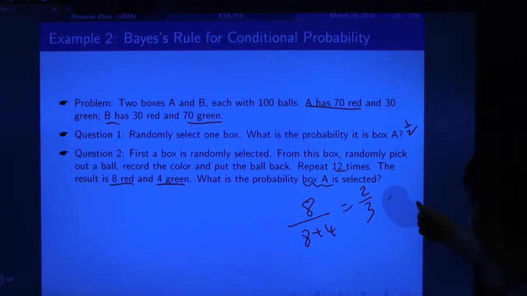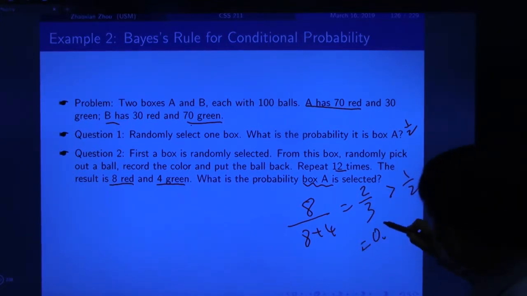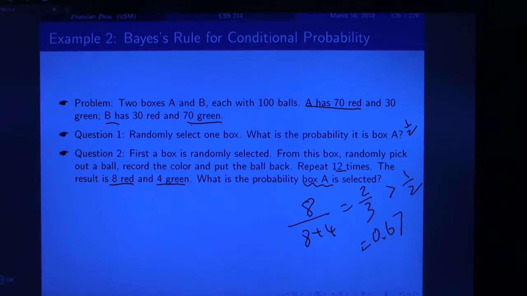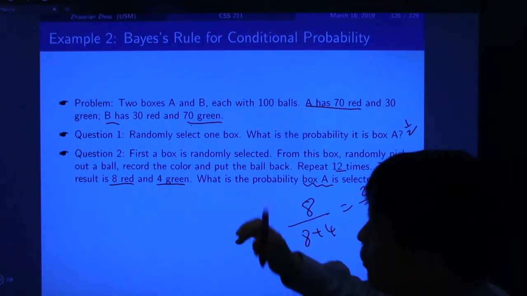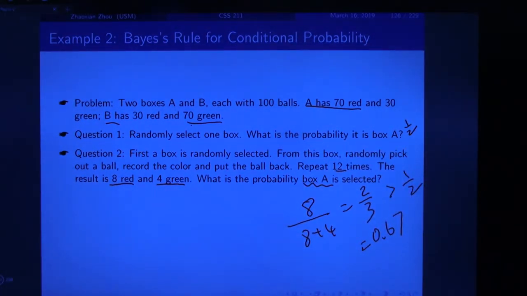It looks like a more reasonable guess. You may guess, okay, maybe a little bit more, 70%, 80%. Okay? So how about 90%? How about 95%? I know some of you will say, okay, 95%, that is impossible because there are only 8 red and 4 green. So I don't know.